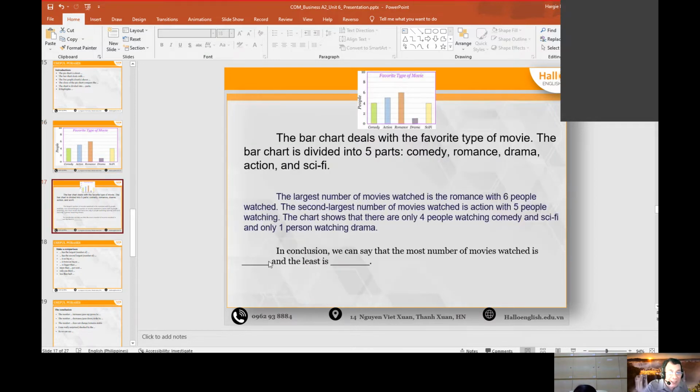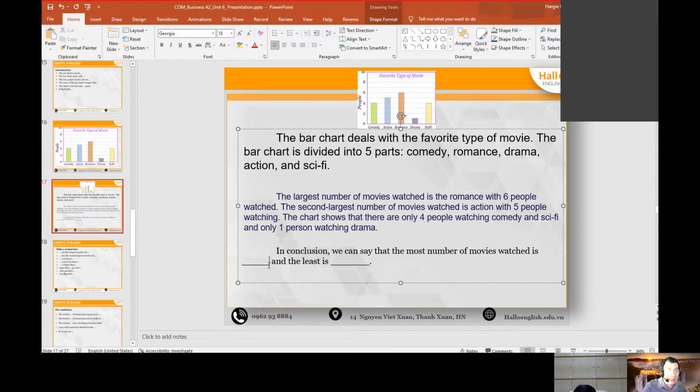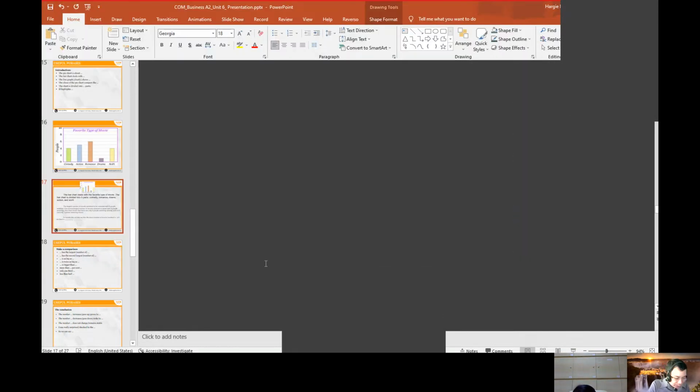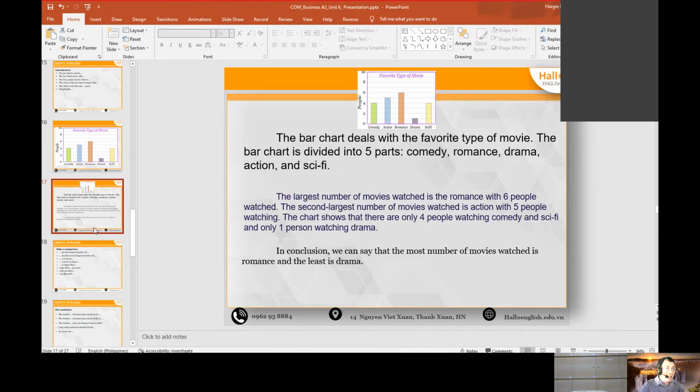So we are going to answer in here that the most number of movies watched is romance and the least is drama. Very good. So that is what we're going to do. Now you were able to have a report regarding the bar graph.